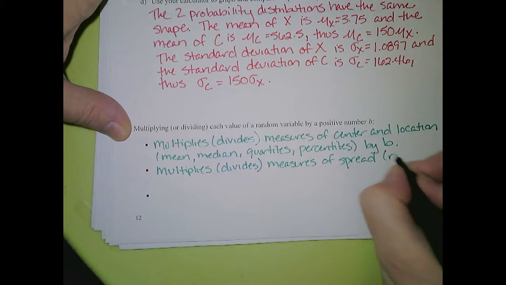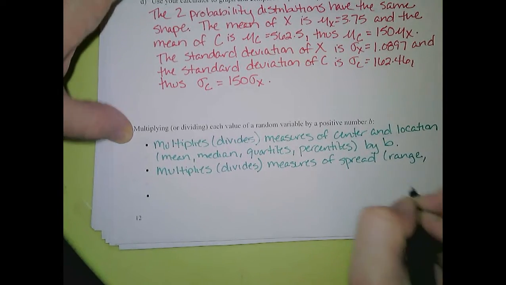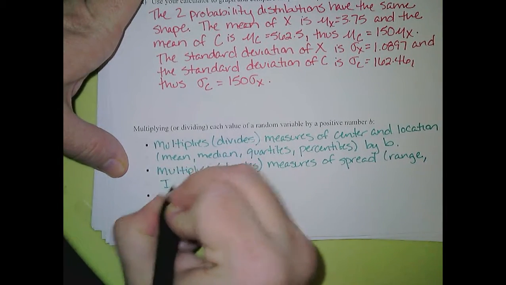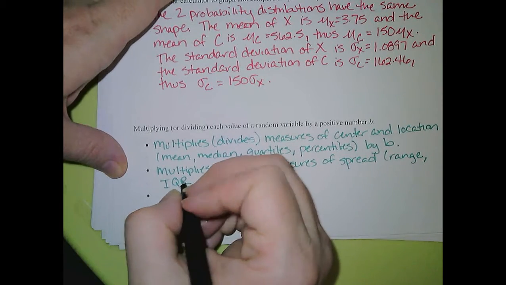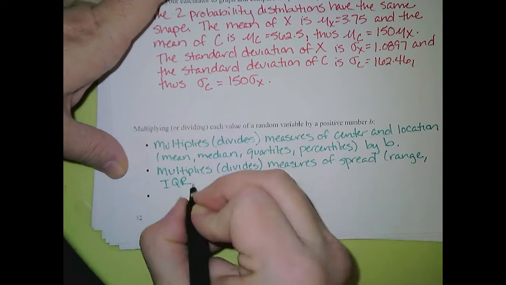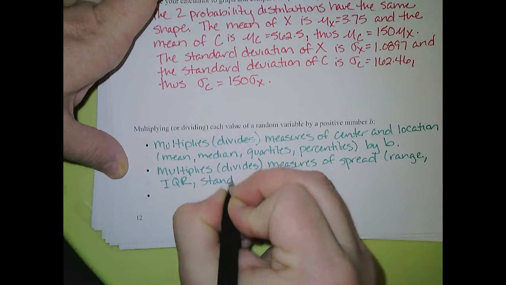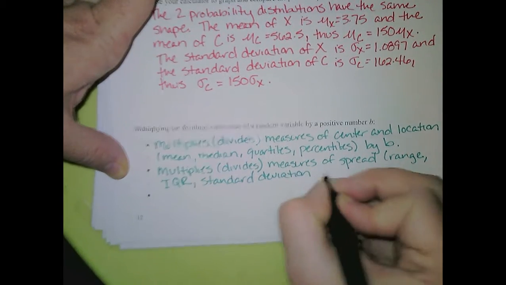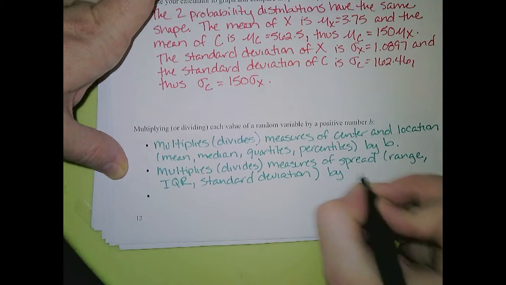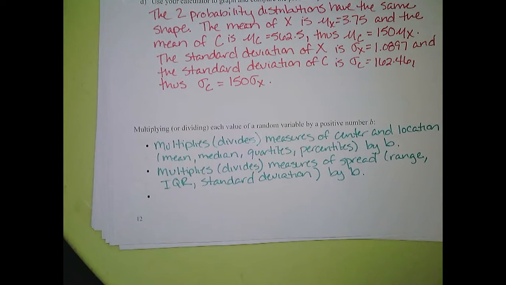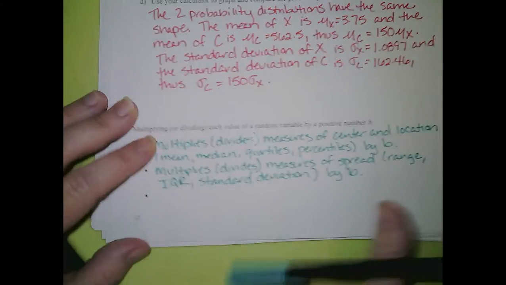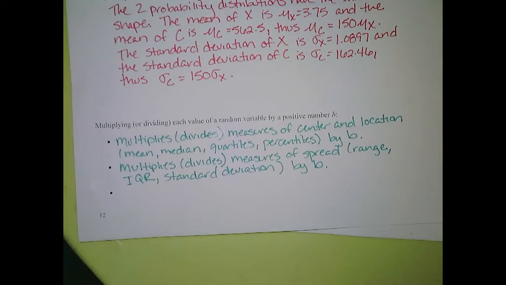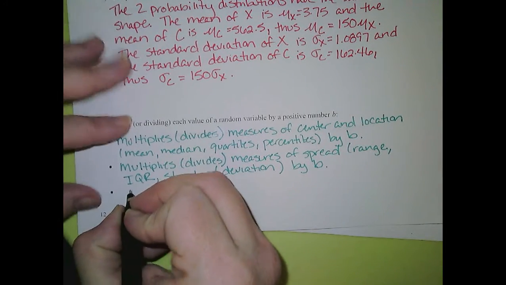such as the range, IQR, and standard deviation, by B as well. So it affects our measures of center and location. It affects our measures of spread, but it did not change the shape of the distribution.